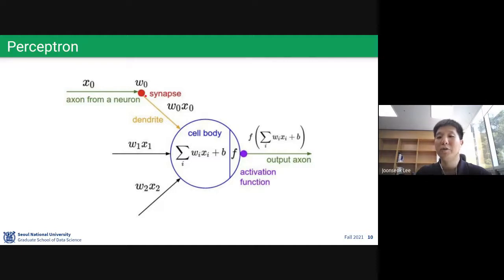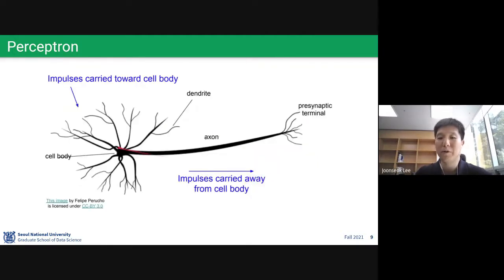And each synapse is modeled as a weight. So each of these is multiplied with some weight value, which is W0, W1, and W2. And they are added, the sum of WiXi over all of those. So this part actually mimics this here. This cell takes multiple impulses from other cells, and they are combined here.